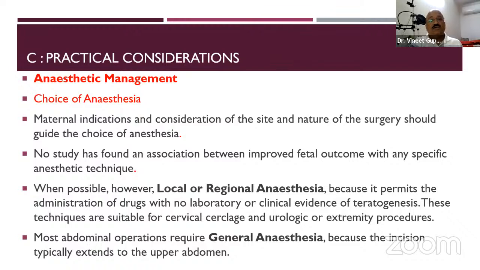No study has found an association between improved fetal outcome and any specific anesthetic technique. When possible, however, local or regional anesthesia is preferred because it permits administration of drugs with no laboratory or clinical evidence of teratogenesis. These techniques are suitable for cervical cerclage and urological or extremity procedures. Most abdominal operations require general anesthesia because the incision typically extends to the upper abdomen.